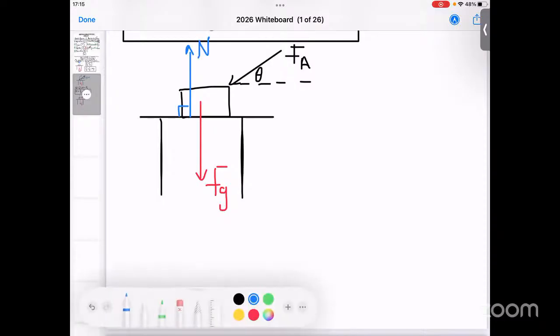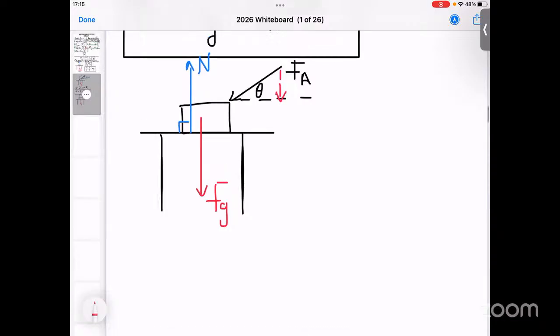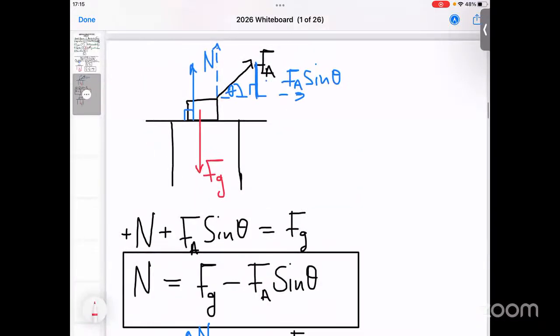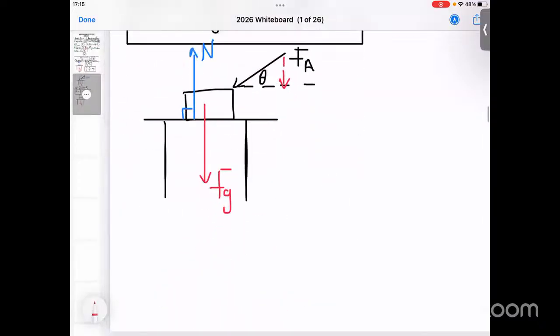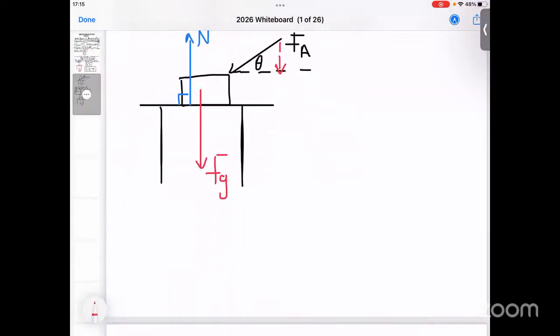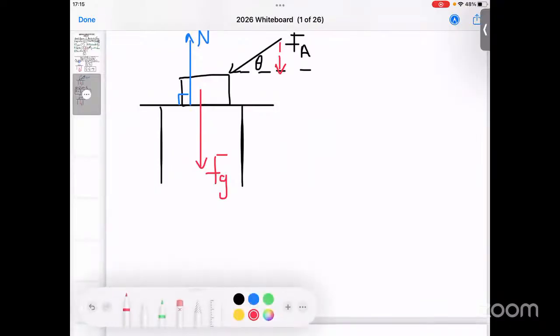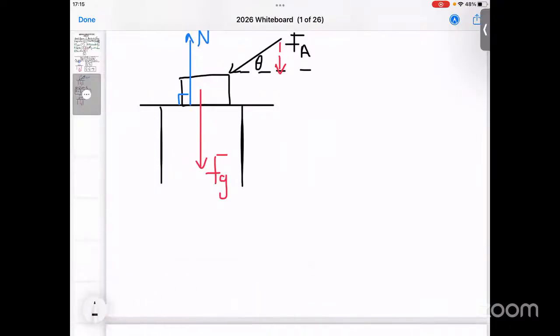In terms of formulation, the component of that applied force is the one acting downward, unlike the one of a pulling force which is acting upward. So in terms of the vertical forces, we have the normal force acting upward.